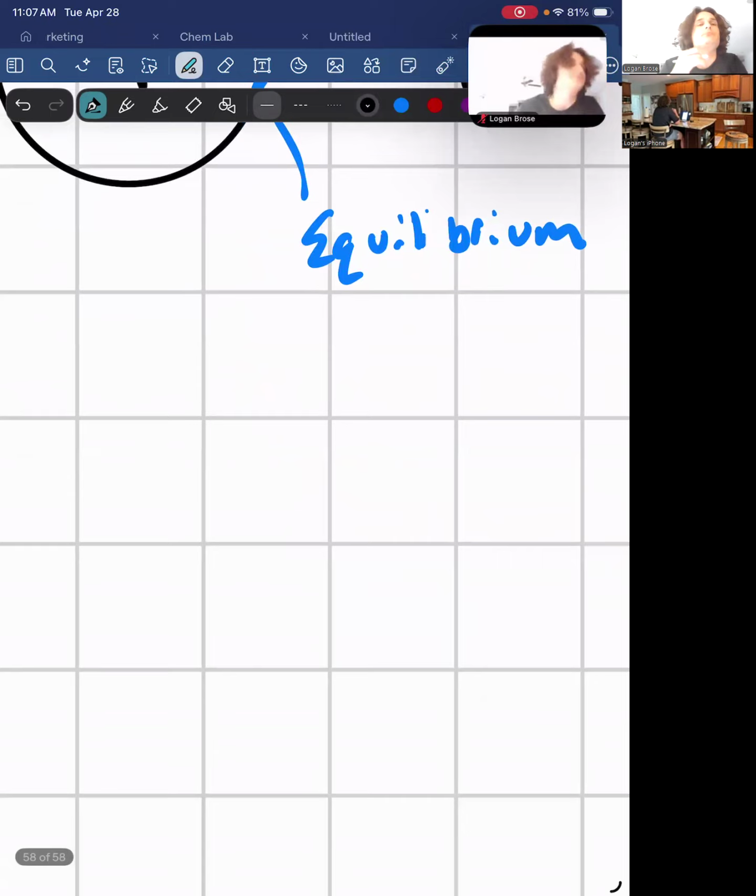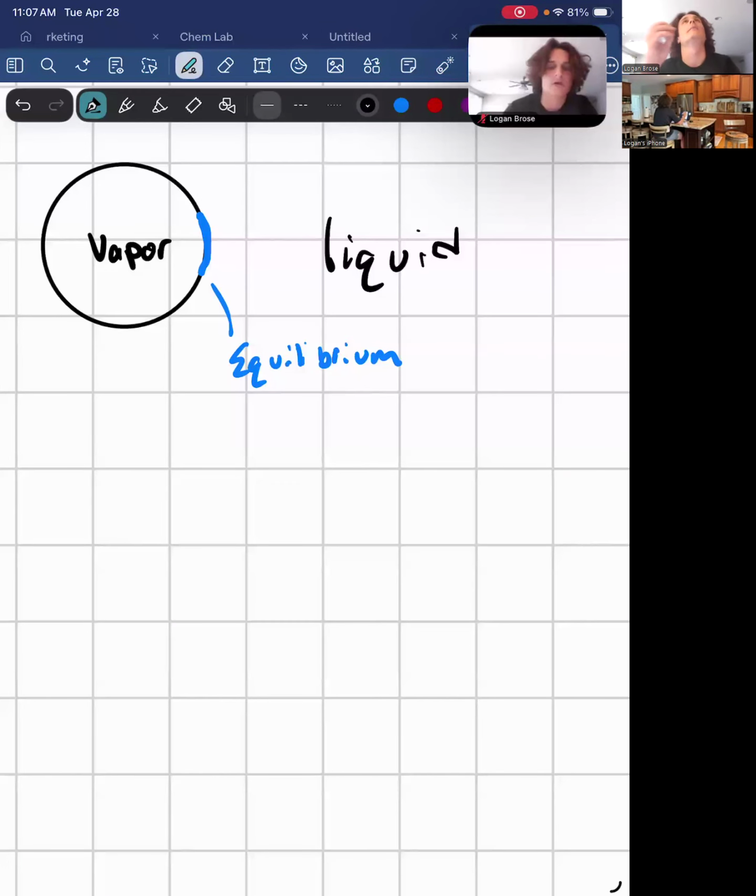And so as the vapor condenses, it is releasing the enthalpy of vaporization. Well, in turn, that enthalpy of vaporization is then vaporizing the liquid, right? So you're in this kind of state of equilibrium between the two, liquid and vapor, because as you condense, you're releasing the vaporization, but then that vaporization is causing the liquid to turn into vapor.